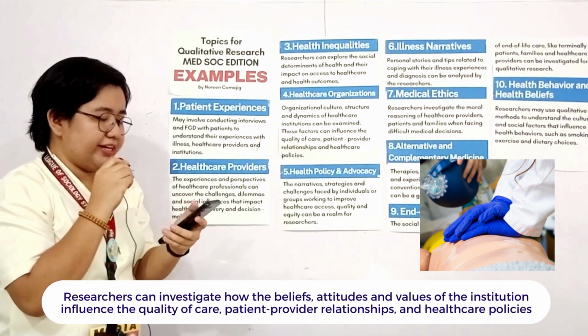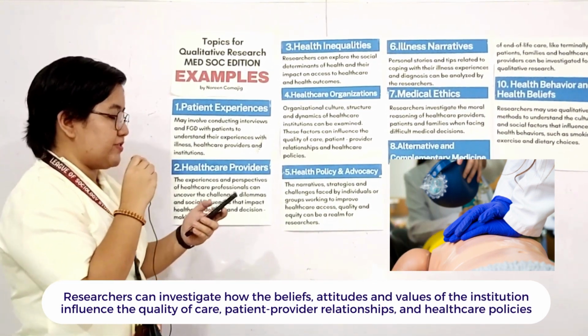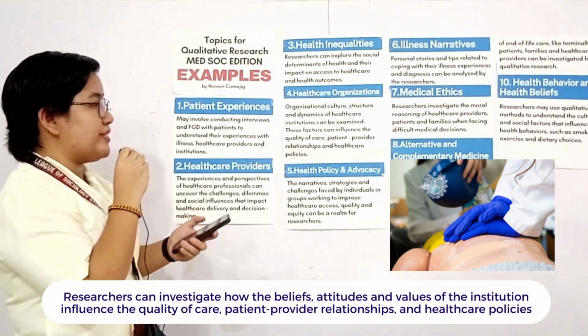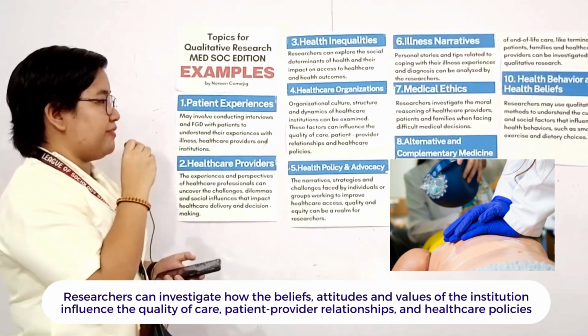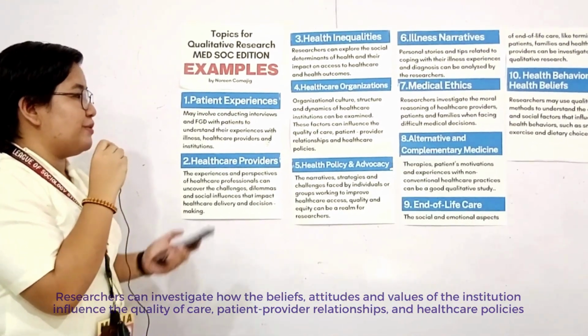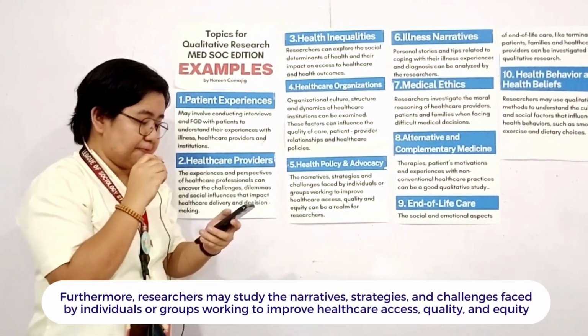Studies may examine the organizational culture, structures, and dynamics of healthcare institutions. Researchers investigate how these factors influence the quality of care, patient-provider relationships, and of course, the healthcare policies. Number five is health policy and advocacy.